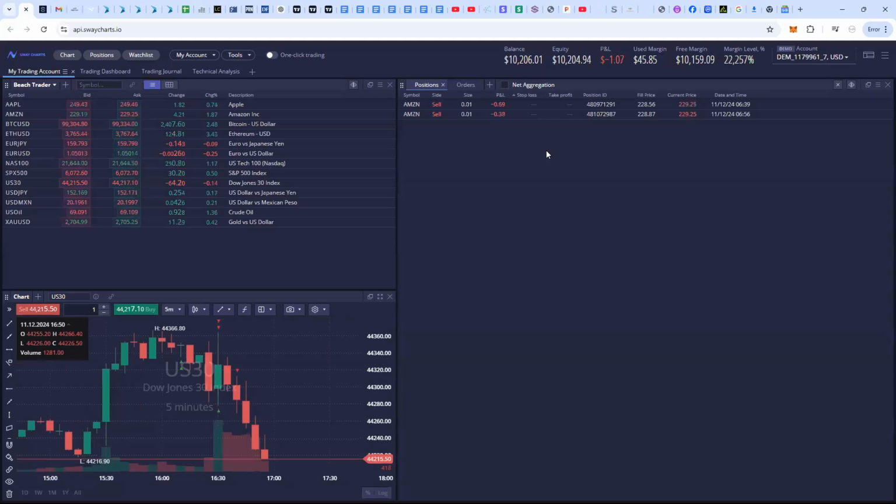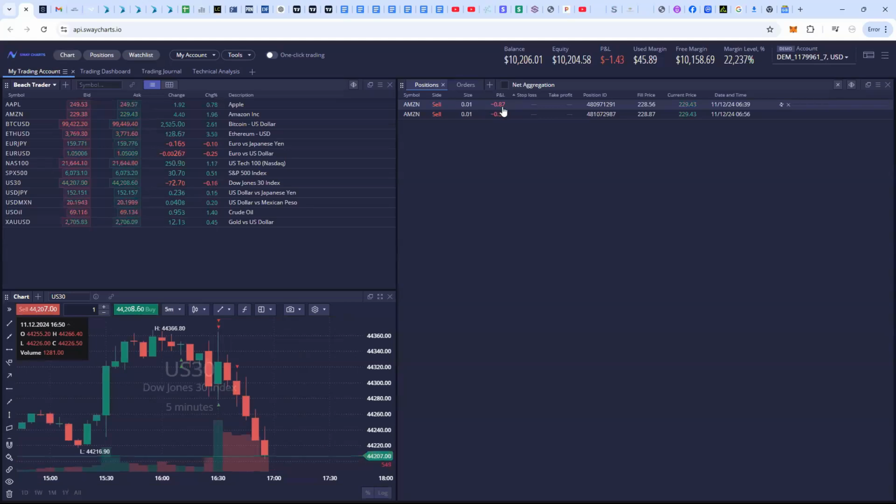And so if we had got Amazon for 1 whole lot, if we just did it for 1, that would be $1 a pip. This would be $43 right now. This would be $73. You get it because we're on a penny. So 70 times 1 would be this right here where it's 80 right now. If we had it at 0.1 lot, this would be $8 or $9 right now.